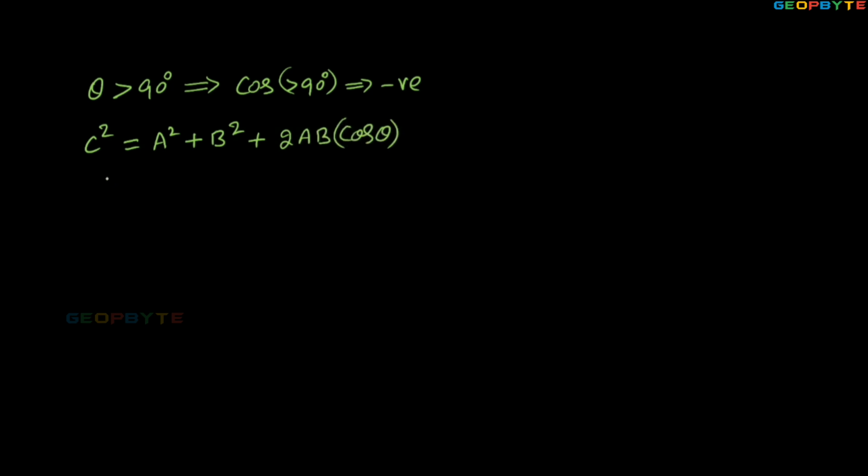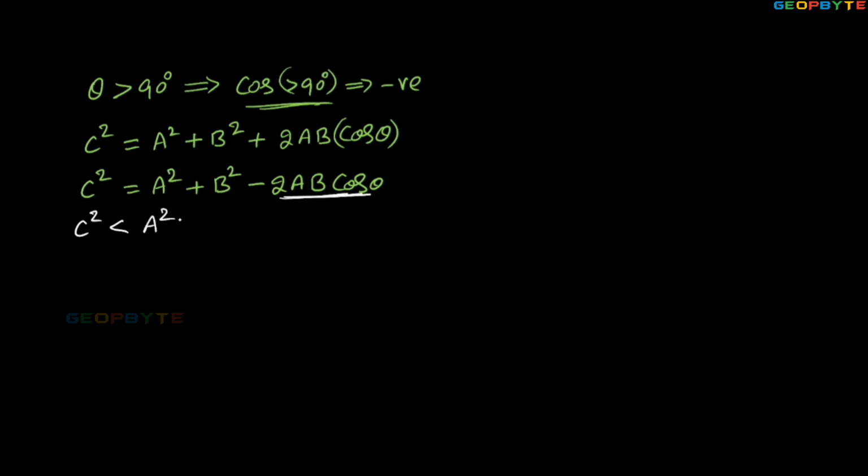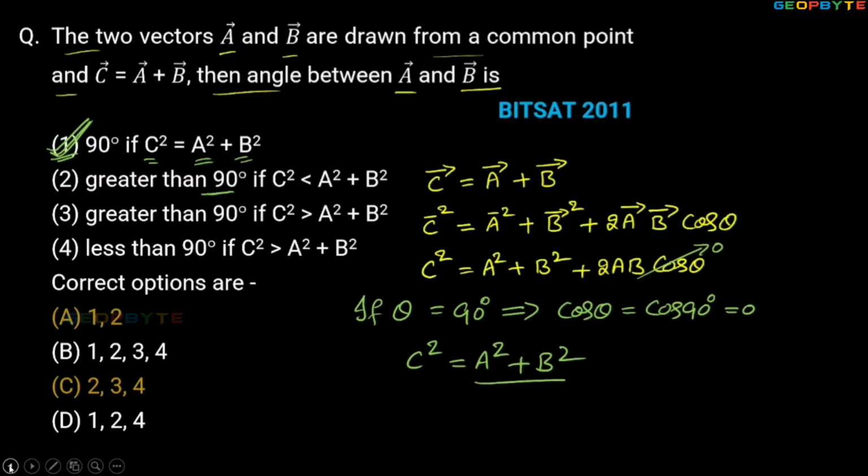Since cos theta is negative, I can write that C square equal to A square plus B square minus 2AB cos theta. Therefore the conclusion is C square is less than A square plus B square, since this part is subtracted. Look at the second statement. C square is less than A square plus B square. That is also absolutely correct.